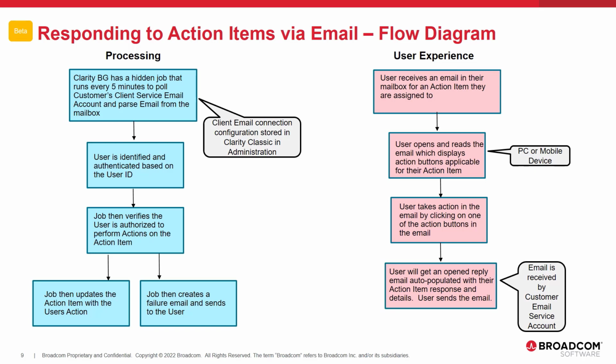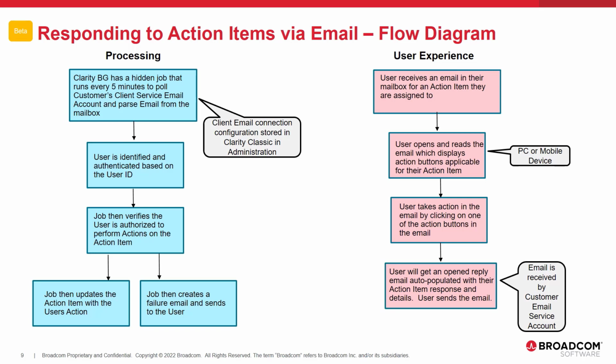And the job's going to verify that the user is actually authorized to perform an action on the action item after they're authenticated. And at the end of the process, one of two things will happen. Either the job will update the action item with the user's response, or if there was a failure, there'll be a failure email sent back to the user.